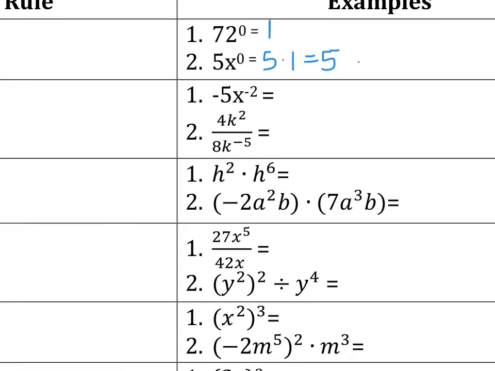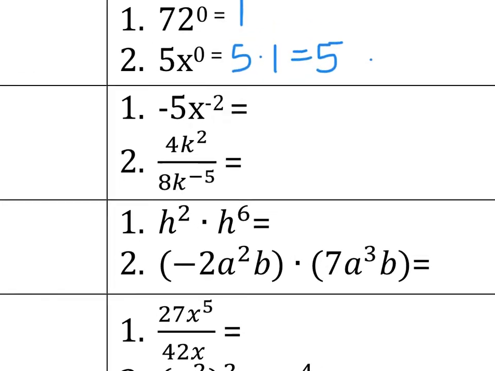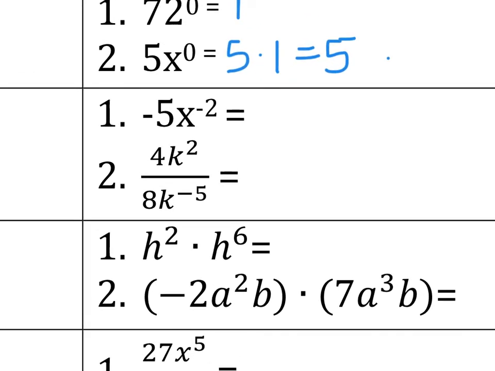So in these two examples here, negative 5x to the negative 2, there's really a multiplication sign in here, so we're going to treat these as two different things. This does not have a negative exponent, so we're just going to write it over 1. We'll put these both over 1. So negative 5 over 1 stays the same.